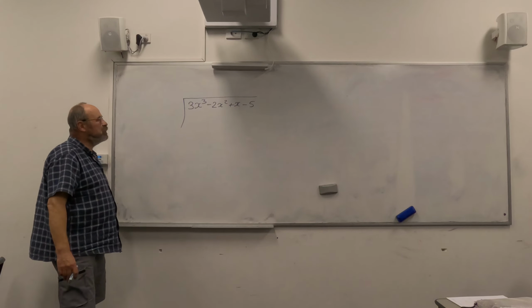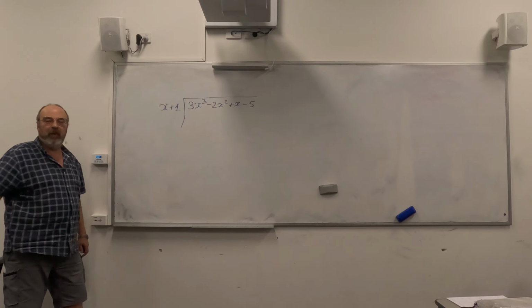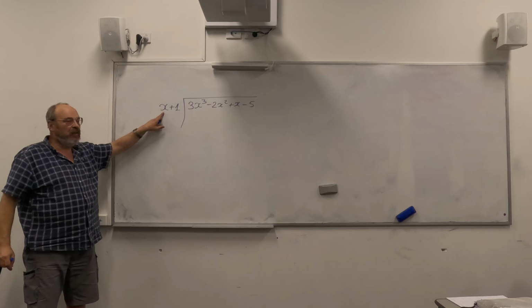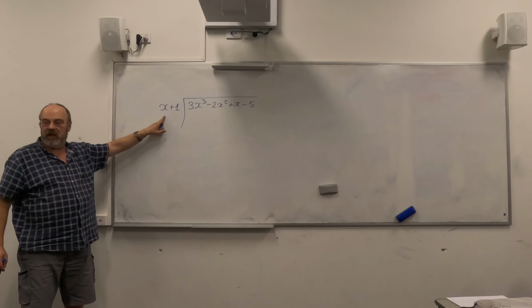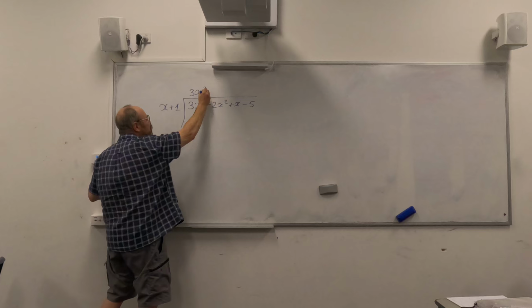Now here is the process of long division. We take the first term with the highest power and divide it by the term with the highest power in the divisor. So what is 3x cubed divided by x? 3x squared. And we write it here, 3x squared.